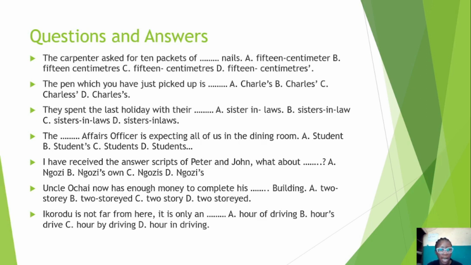D, we have Charles, an apostrophe, and then S. The correct option is option B. The pen which you have just picked up is Charles'. There's no need for another S after the apostrophe. The name ended in S, so we don't have any need for any extra S. That means that the correct option is option B.